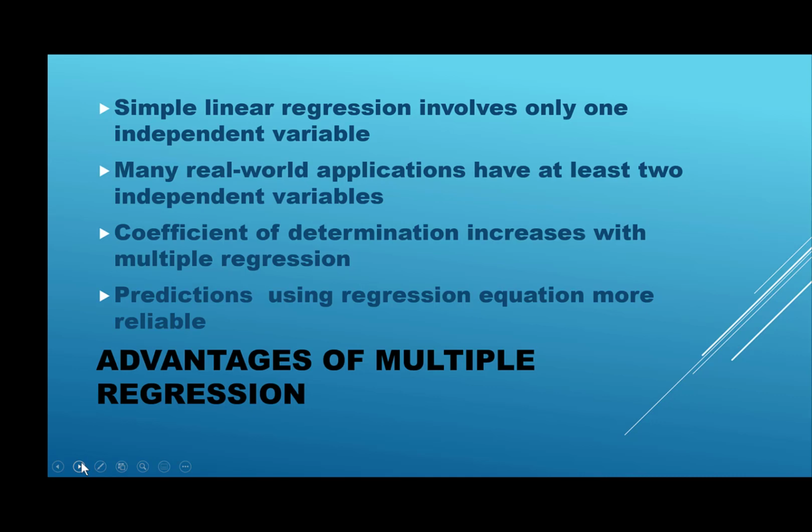However, many real-world applications will involve more than two independent variables. So if we go back to the car scenario, we would have the braking distance of the car as a dependent variable, and we would have the weight, the length, and the number of cylinders of the car as independent variables. Now we are getting more data involved in calculating that braking distance.